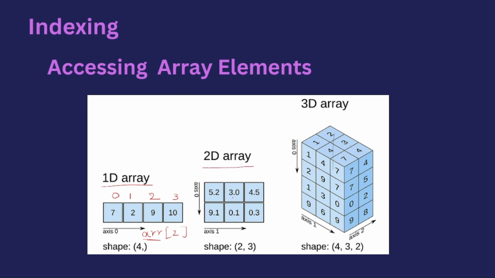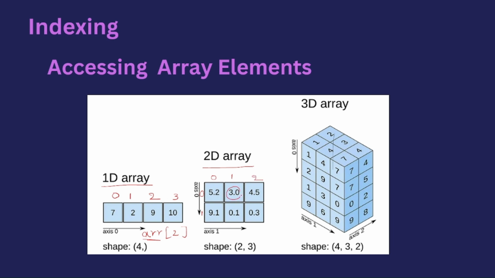See this example. This is a two-dimensional array. Here we have rows and columns. So the first row's index number is 0, and for the second row the index number is 1, and for the first column the index number is 0, and for the second column the index number is 1, and for the third column the index number is 2.